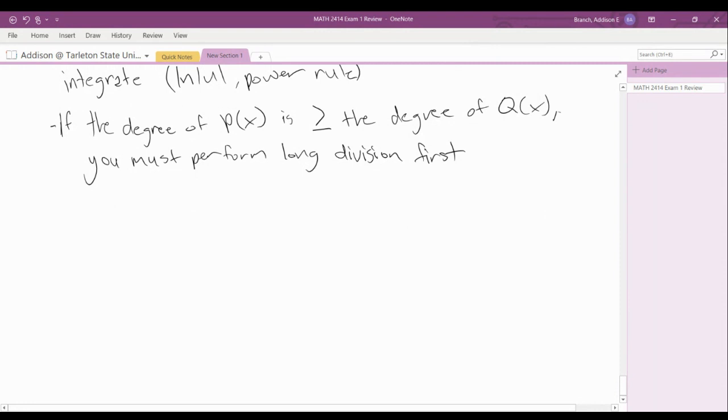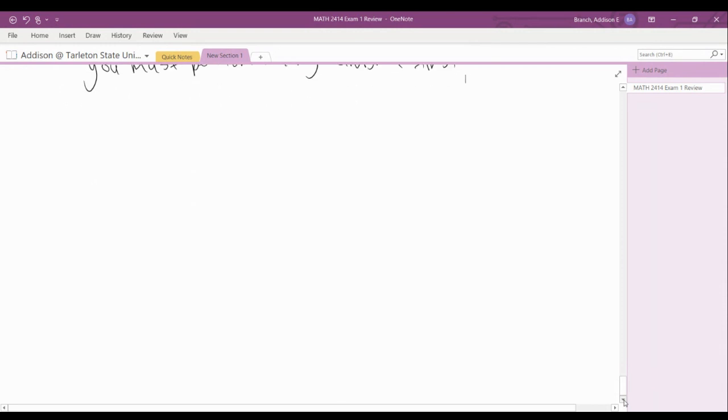So now that we have that out of the way, let's go over our basic rules when it comes to breaking these down. Over here, we're going to say this is the factor in our denominator. And over here, we're going to say what is going to be the term in our decomposition.